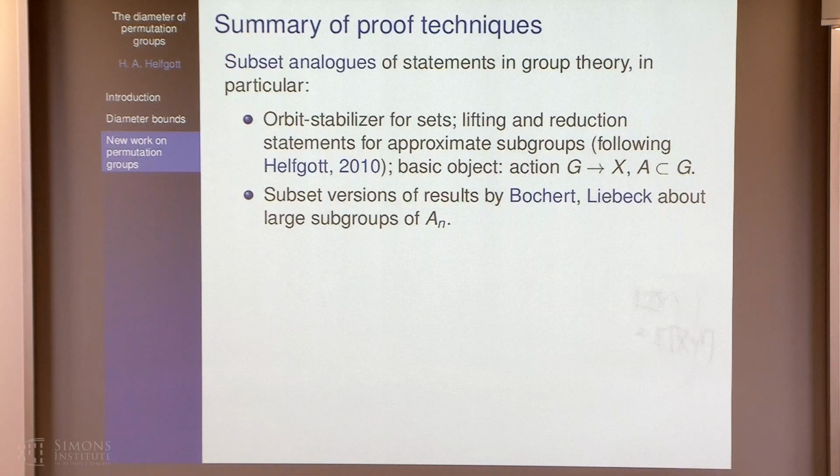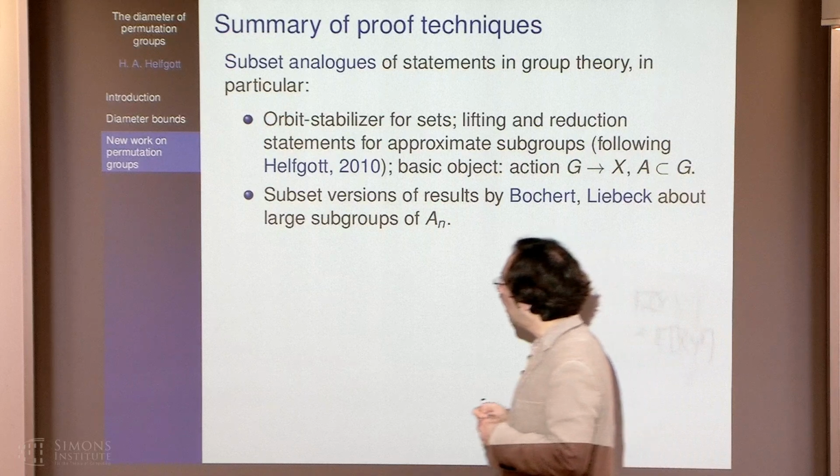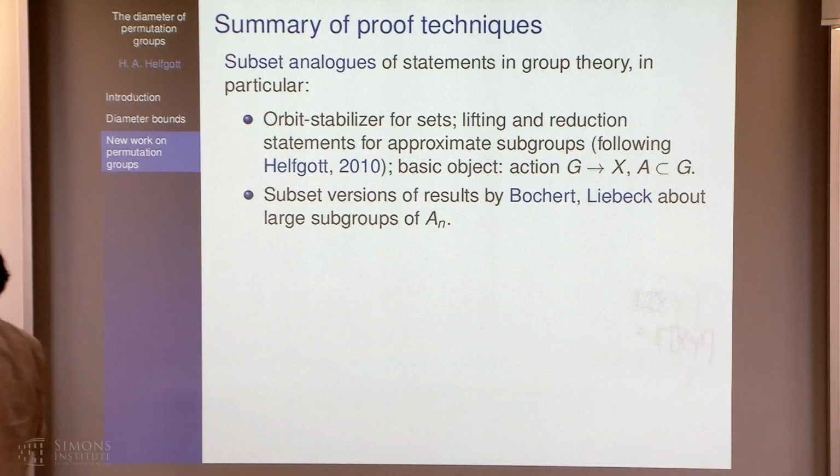So there's one thing. Many statements in really basic group theory can be proven not just for subgroups, but for sets. That sounds a little bit absurd, but once you see a few examples, you start seeing what that means. Take, for instance, your orbit stabilizer theorem, whose proof is just a few lines.